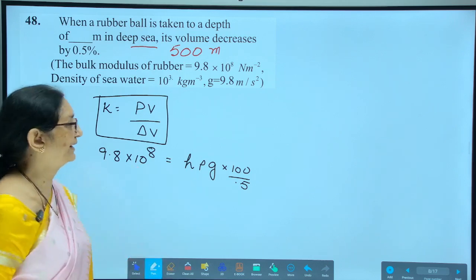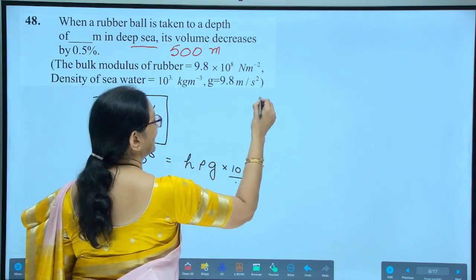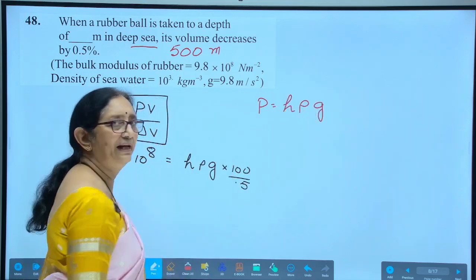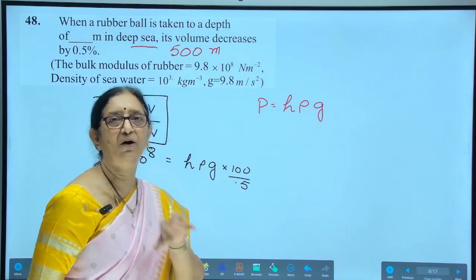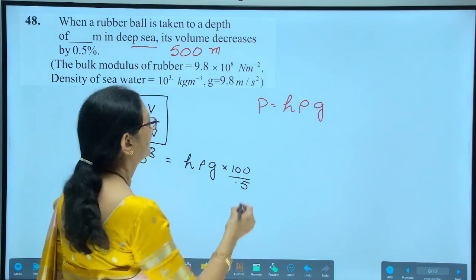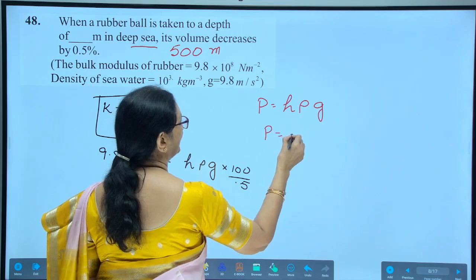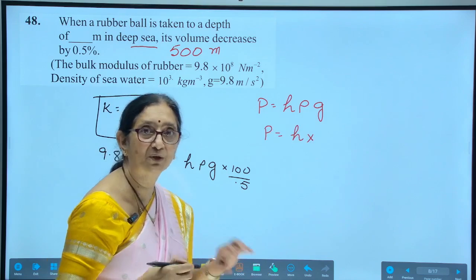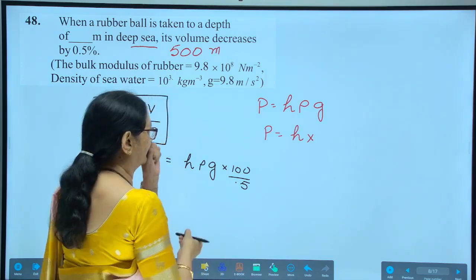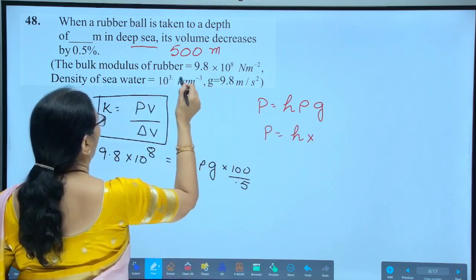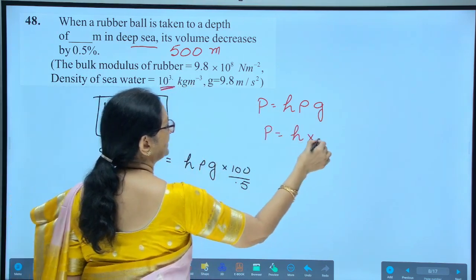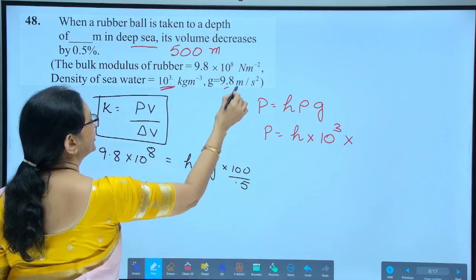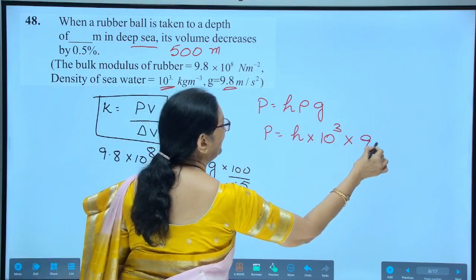When it is taken to a depth, P is equal to H rho G. At a depth H, pressure applied on the object will be H rho G. So, here we are supposed to find H, the depth to which that object is taken, and density of water is given as 10 to the power of 3 and G is given as 9.8.